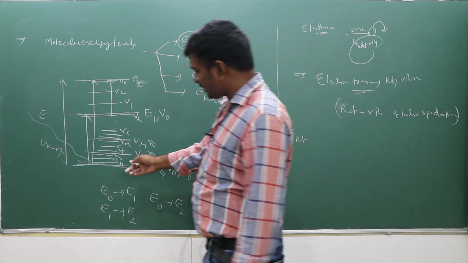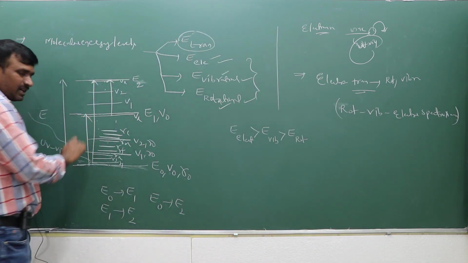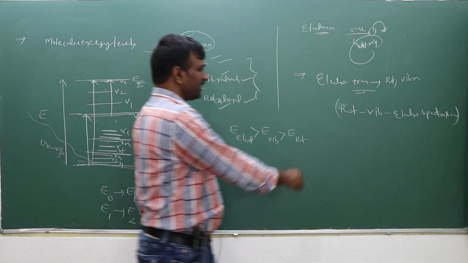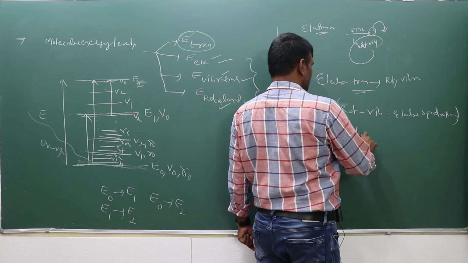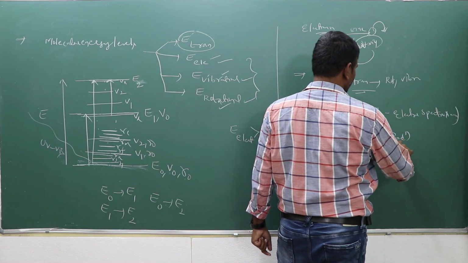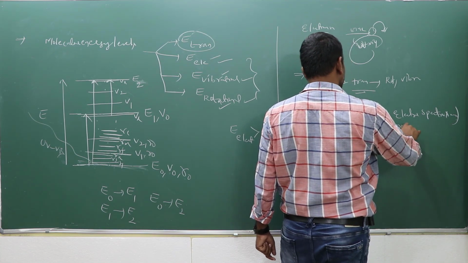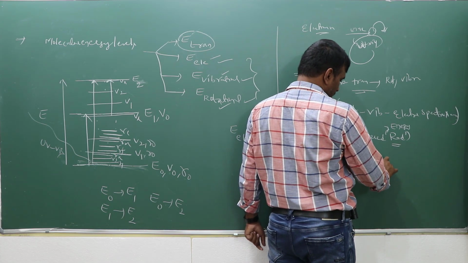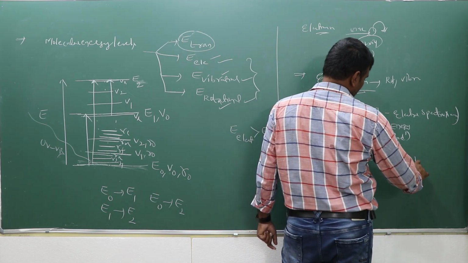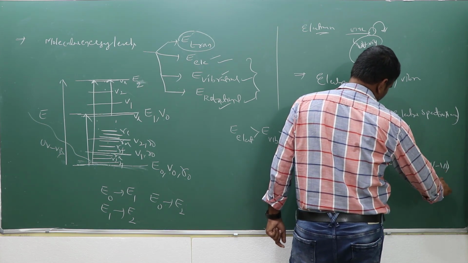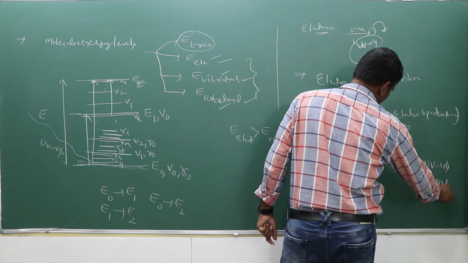Now, if an electronic transition takes place from E0 to E1, the absorbed radiation is of the UV visible range, and this absorbed energy will be converted into a UV visible band.